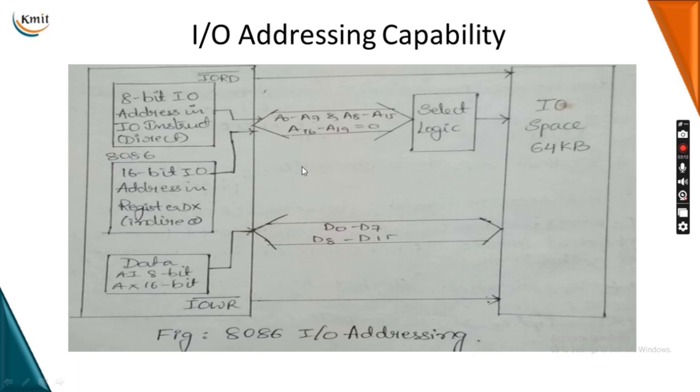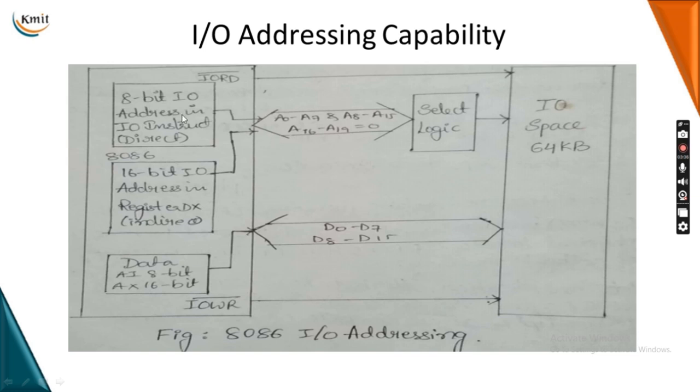The even memory bank is the low order memory bank, and the odd memory bank we can call the high order memory bank. That is, the lower 8 bits can be stored in your even bank, and the higher 8 bits can be stored in your odd bank.